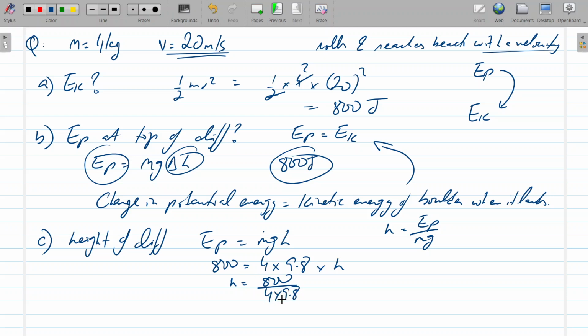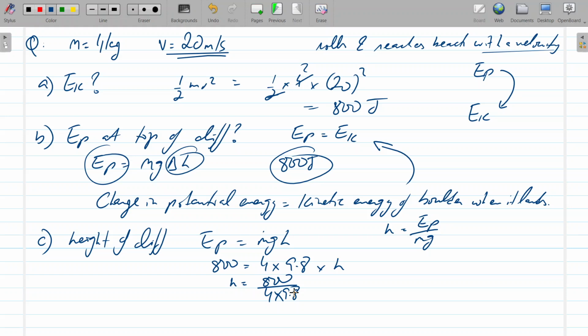So H equals 800 divided by 4 into 9.8. Now I'm taking 9.8, they've taken 10. So it depends on what the question is specifying. If it's not specifying anything, you can take g as 9.8. If the question is asking you to take g as 10, then you do that.